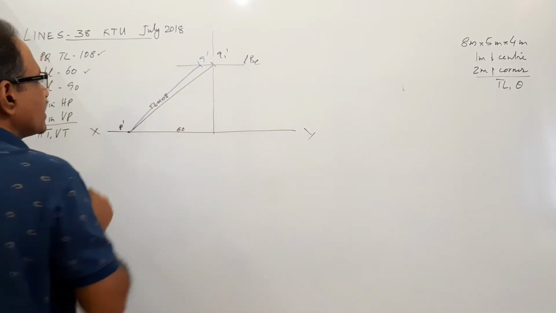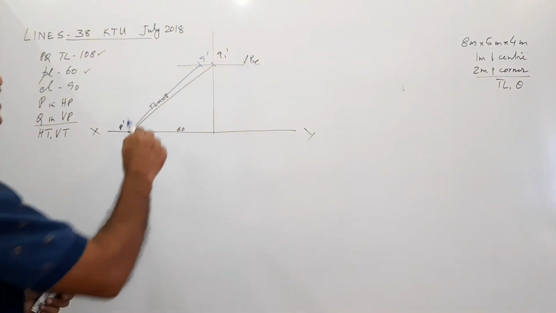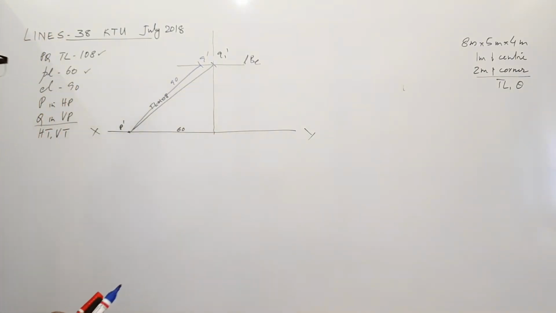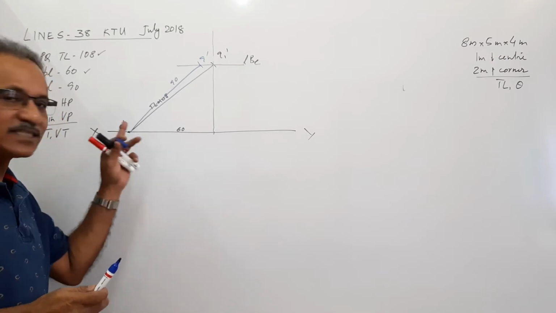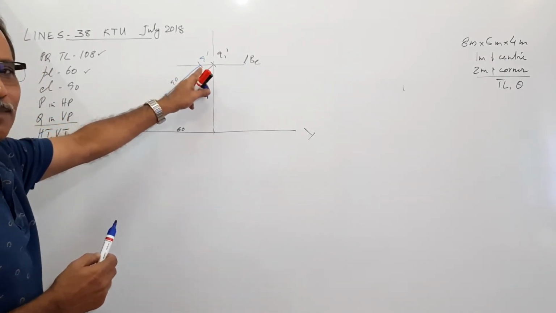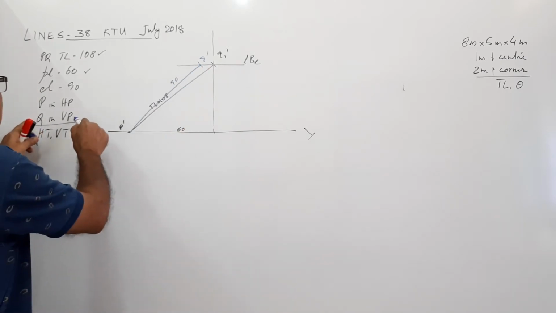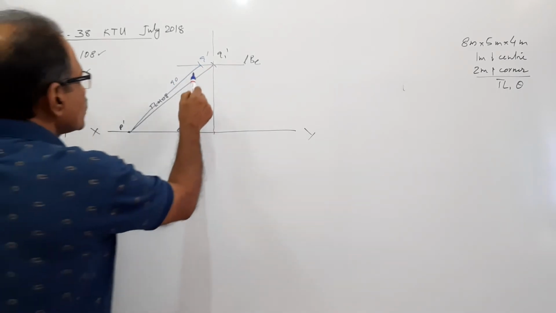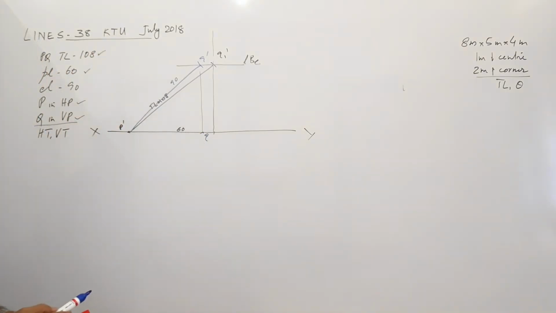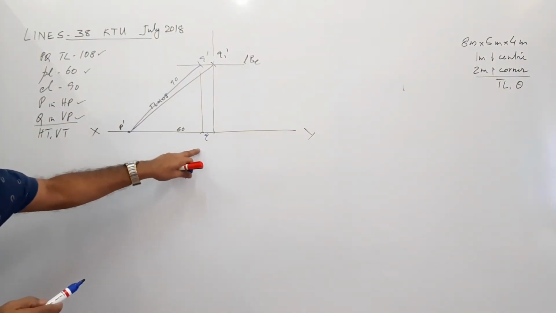What is P dash Q dash? P dash Q dash is the final elevation. If this is Q dash, where is the plan Q? The end Q is in VP, so this is Q. If this is Q, where is P?